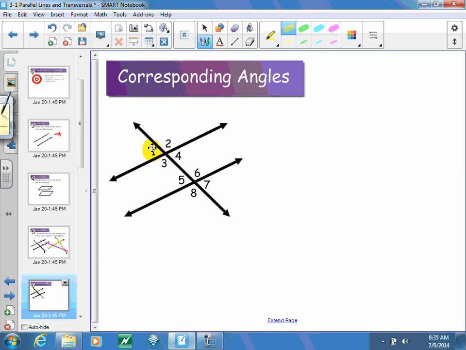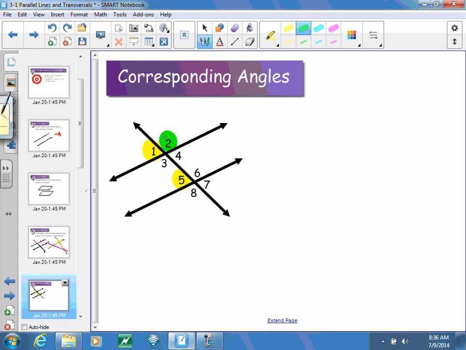And angle 1 is in, I like to think of it as, the upper left-hand corner. So we've got 4 angles here and then 4 angles down here. If I look at the other 4 angles, I look at the top left and I have angle 5. Angle 1 and angle 5, those two angles right there are what we call corresponding angles.